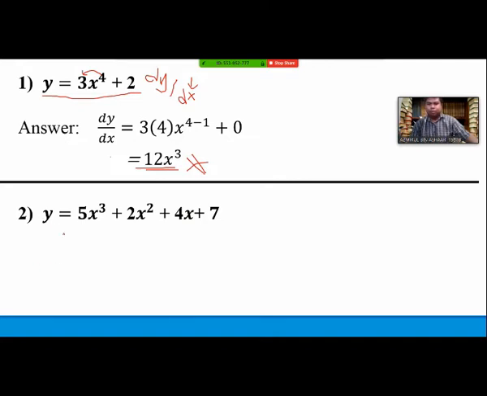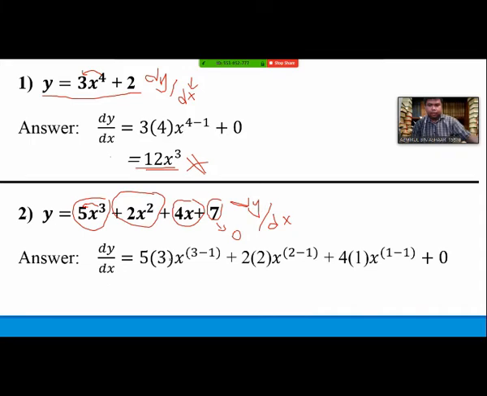Okay, let's say for number 2, we want to differentiate, for this case, similarly, dy per dx. Okay, so we can see that this has an x, this has an x, this also has an x, only this one will not have an x, so this one will become 0 when differentiated. Okay, for this case, 5x power of 3, 3 will move to the front, and 3 minus 1.